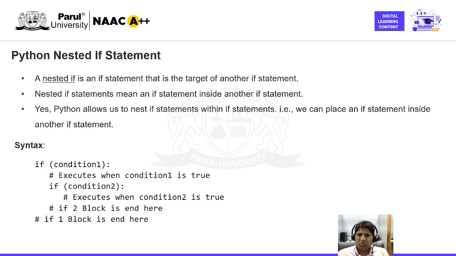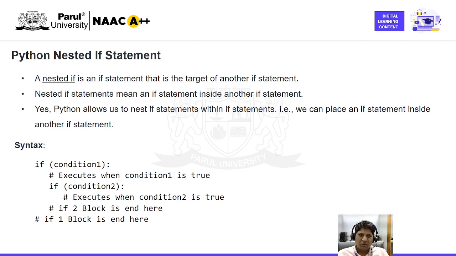For example, whenever you play a game, if you clear level 1, then level 2 is active. If level 2 is cleared, then level 3 is active. It means some condition is provided to execute. If the first condition is true, then the next condition is executed. Otherwise, if you do not clear level 1, you are not eligible to enter level 2.